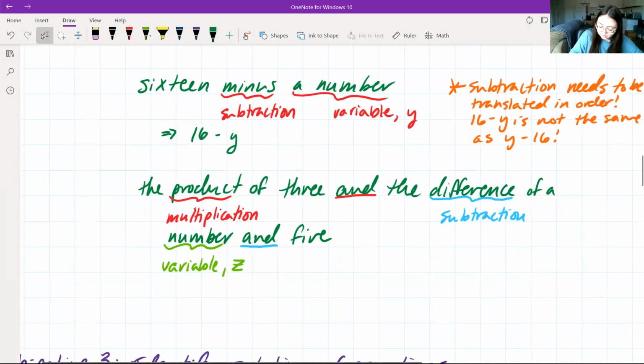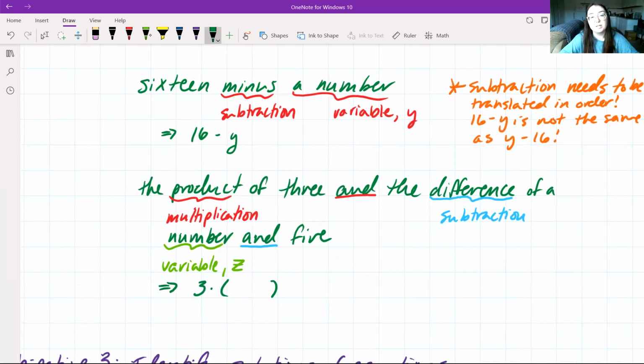Our answer will be written out with a 3 times, and now we have the difference between two values. When we write out the difference, we're going to write it in parentheses because we're multiplying 3 and this entire difference. So we're going to need some parentheses.